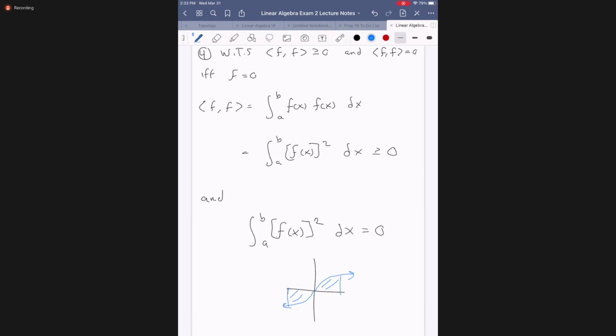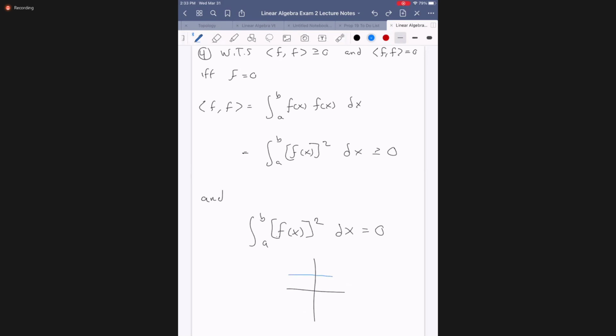No, right? So the only other way for it to happen is if the area underneath the curve is completely 0, which happens when it's 0, right? If f was 2, for example, the constant 2, there will still be area under it, right? Like this. So we know f of x squared is positive.